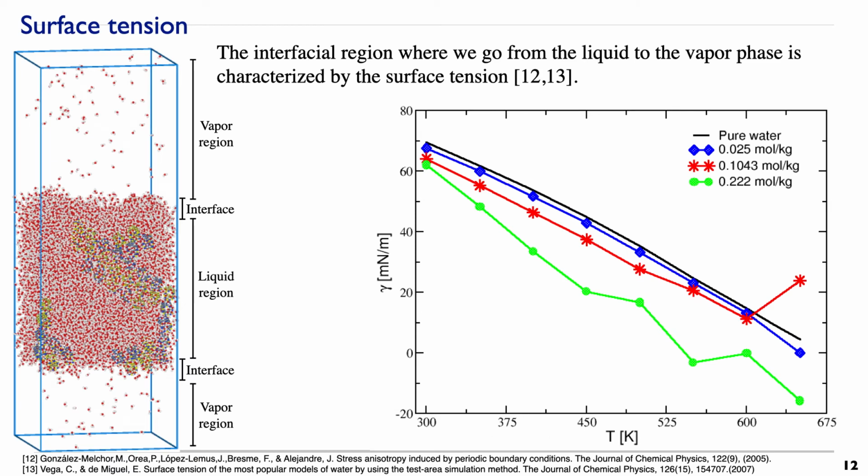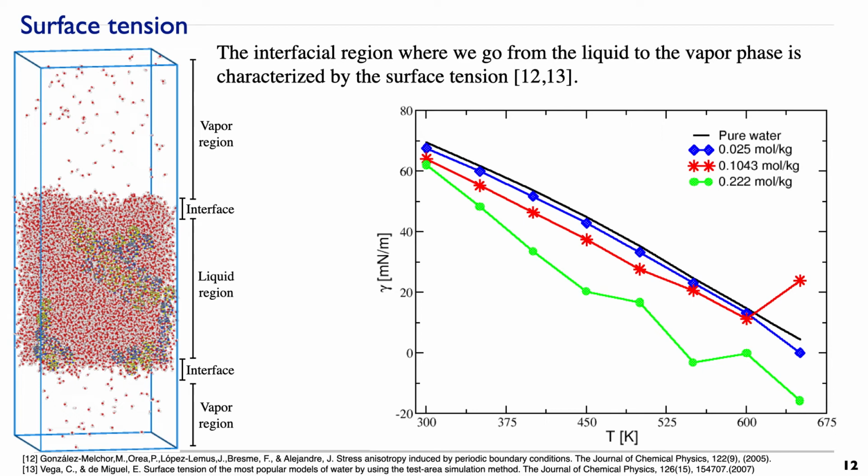Meanwhile, we can also observe this by calculating the surface tension, as we see in the figure on the left. We have the less dense region that is the vapor phase and the one that is denser, the liquid phase. And the little region where we go from one phase to another is the interface.